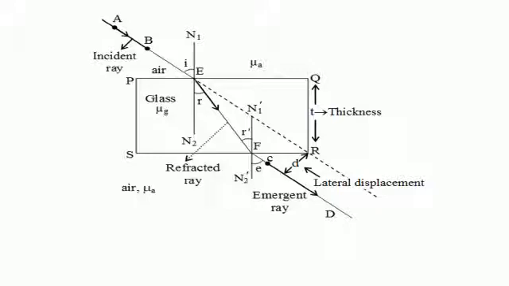This picture here on the slide is the same as what we have performed in the experiment. Only one thing that was not shown in the diagram was the path of the ray of light, that is, the arrows.